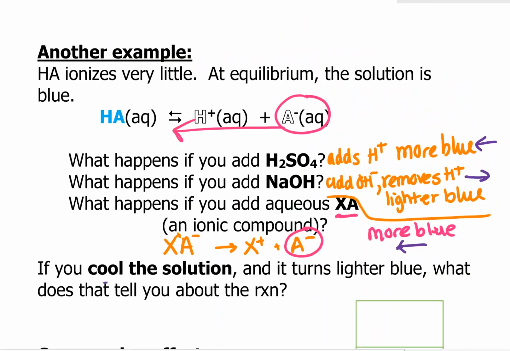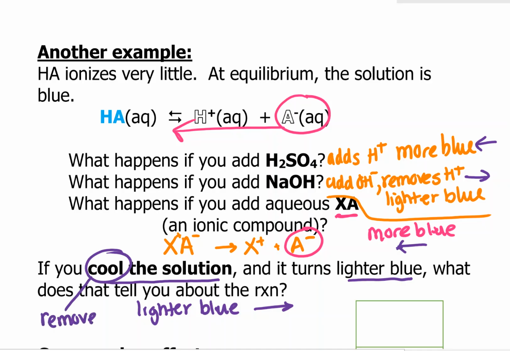What if we cool the solution and it turns lighter blue? So lighter blue means the equilibrium was shifted to the right. And cooling the solution, that means removing heat. Cooling is removing heat.